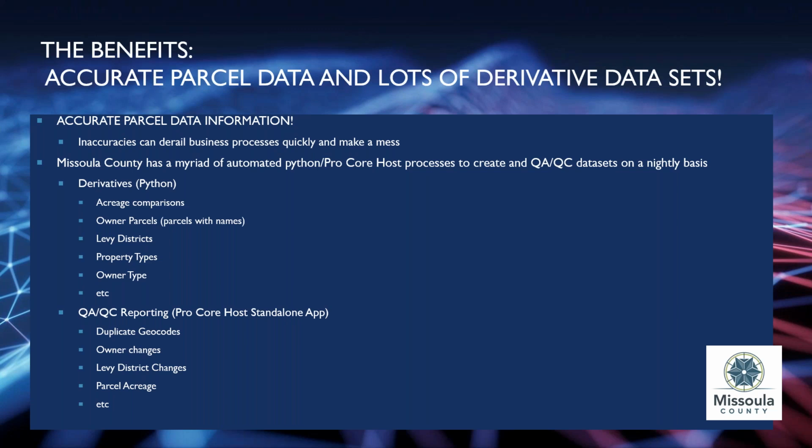We also have a ton of automated Python and ArcGIS Pro core host application processes to help us QA/QC these data sets, and create derivatives. So we use Python a lot to take that base parcel data that we have and connect it to various database views that we've created. One of them is an acreage comparison.